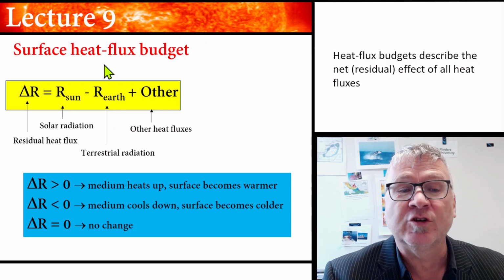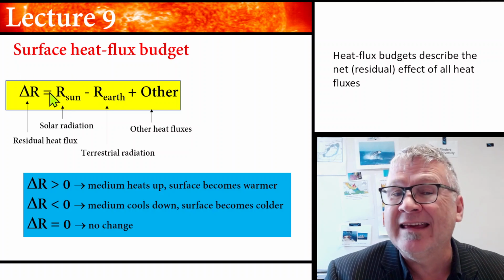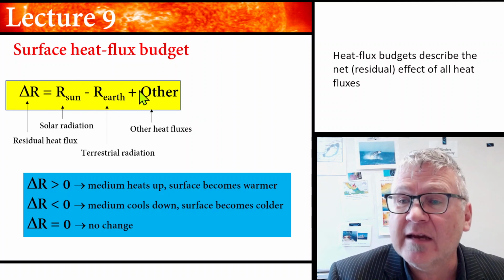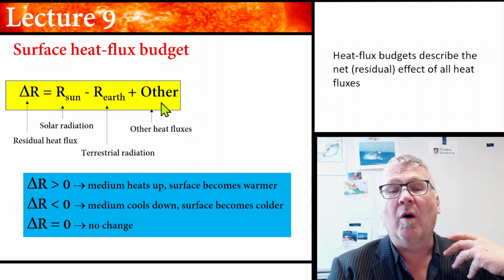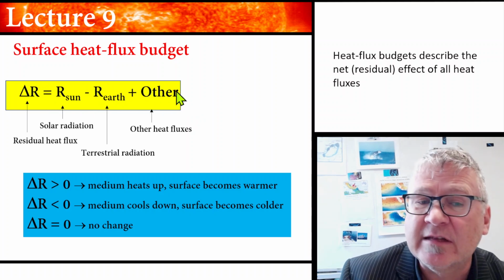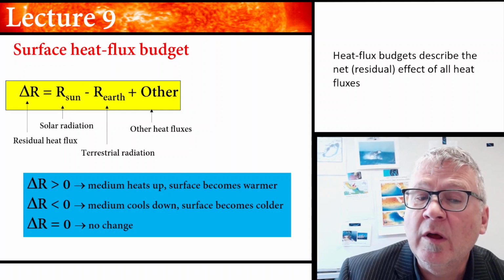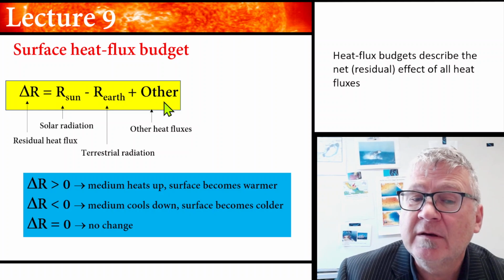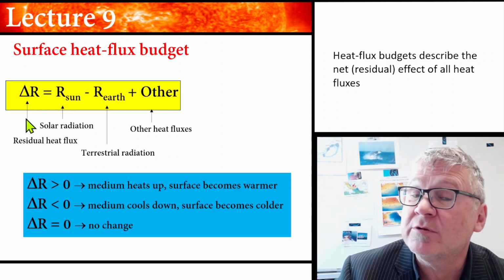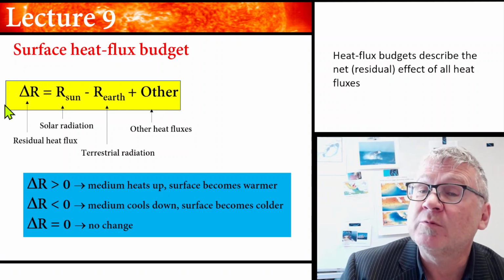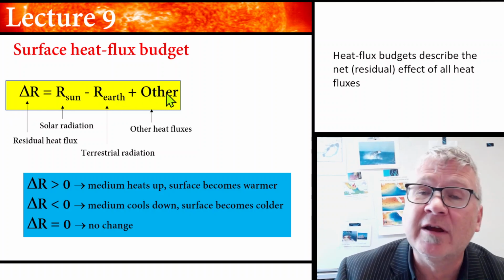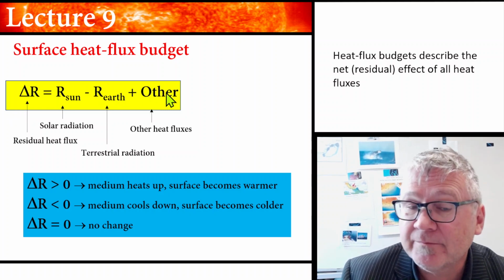Okay, so in order to understand that, we do it step by step, and we look at that one equation. So it's shown here, highlighted in yellow, and on the right-hand side are all energy fluxes that contribute to a net heat flux, a residual heat flux. On the left-hand side is the residual heat flux, which is not zero if the sum of these terms on the right-hand side is not zero.